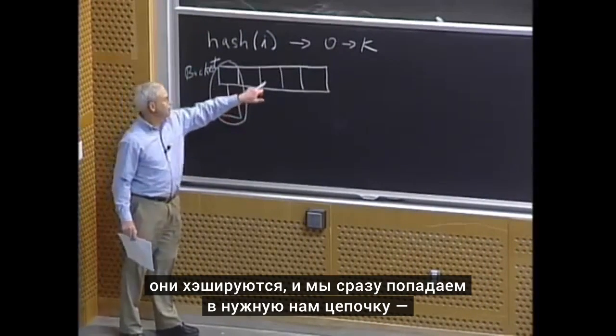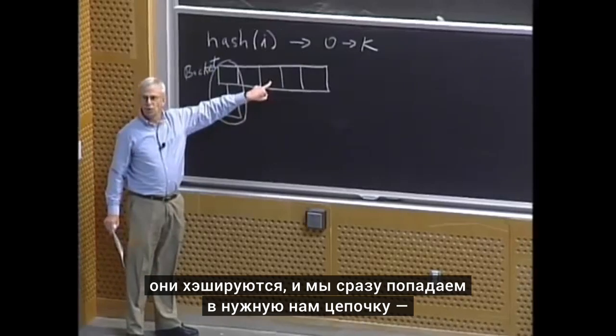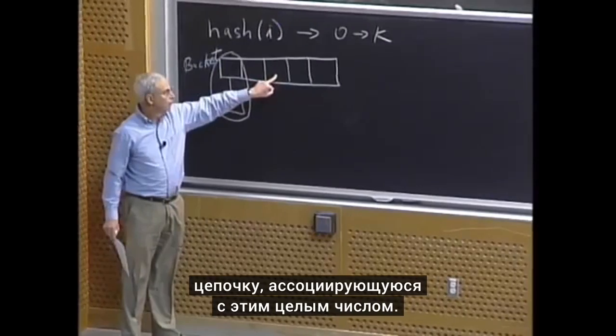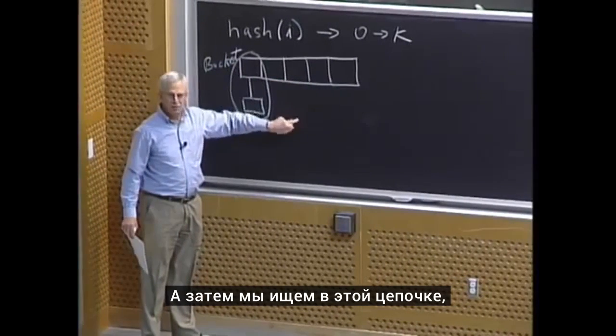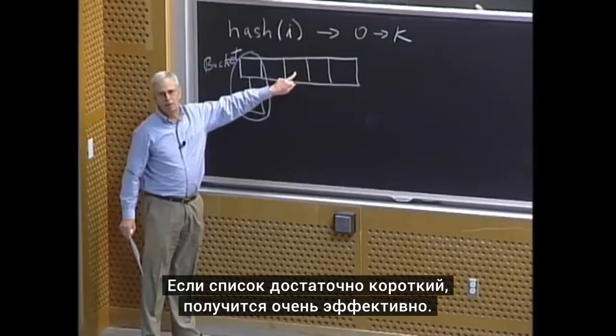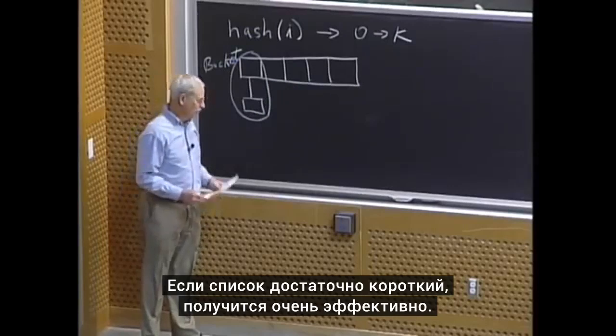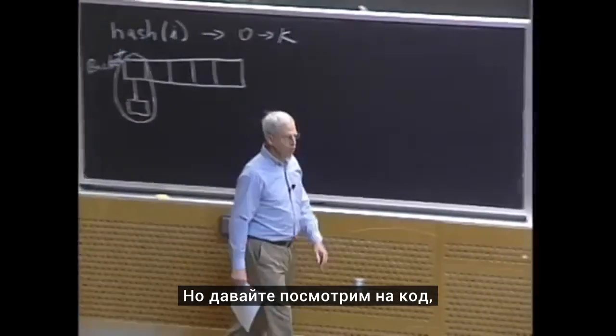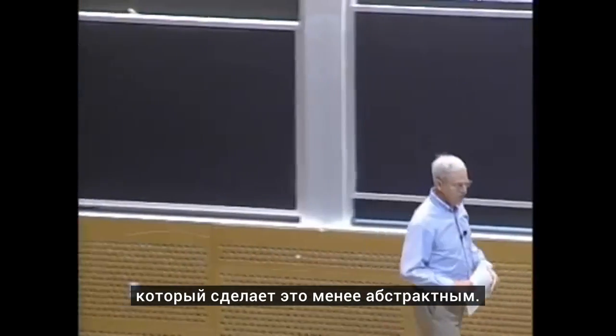We'll go immediately to the correct bucket, the bucket associated with that integer, and then we'll search the list at that bucket to see if the integer is there. If this list is short enough, it will be very efficient. All right, I realize that's very abstract, but let's look at the code, which will make it much less abstract.